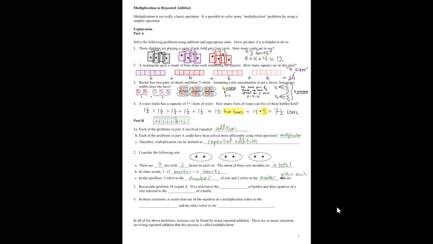All right. So number 4 in part A, 5 referred to the number of bottles. And 3/4 of a liter referred to, no, that's a typo.